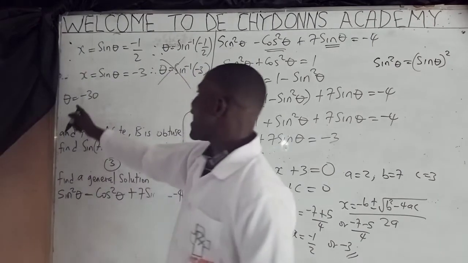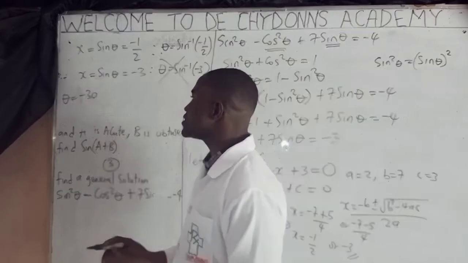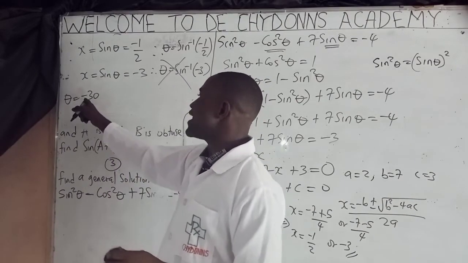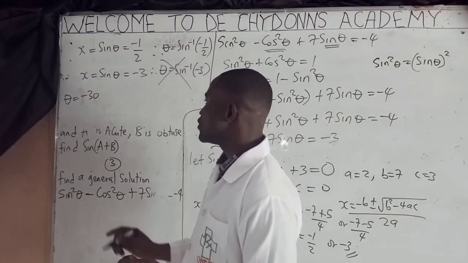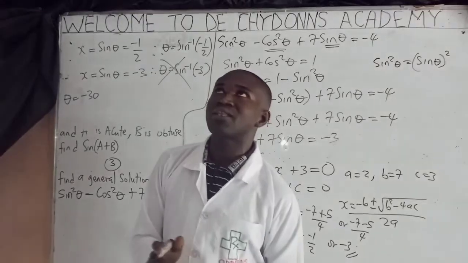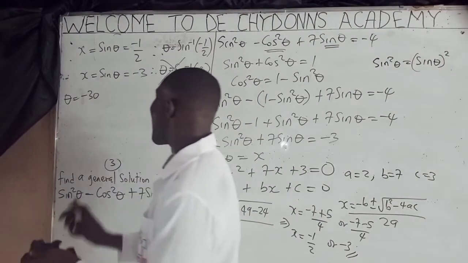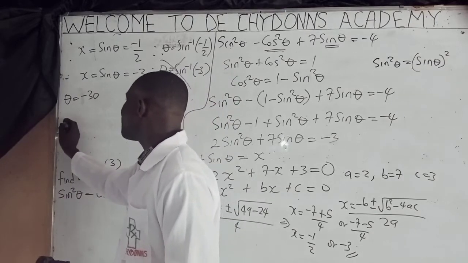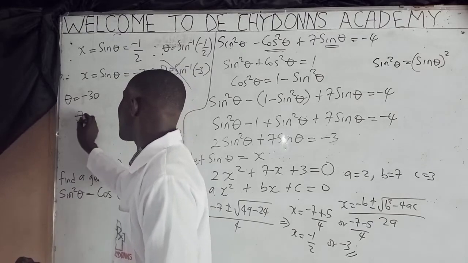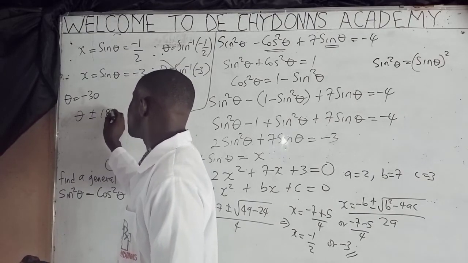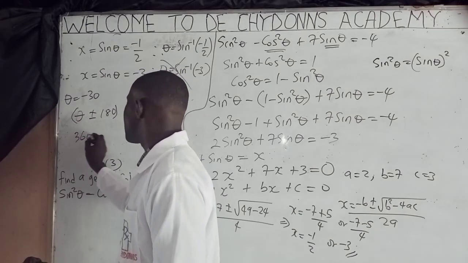Then, since theta is minus 30, this minus tells you to go to the quadrant and pick out where sine is negative. Where do we have sine to be negative? Sine is negative in the third quadrant and in the fourth quadrant. In the third quadrant, I have theta plus or minus 180, whereas in the fourth quadrant, I have 360 minus theta.